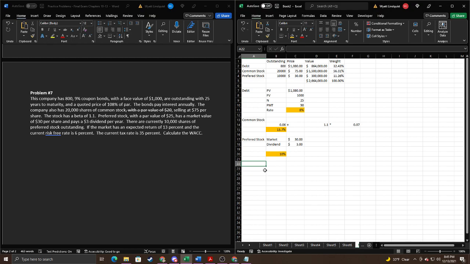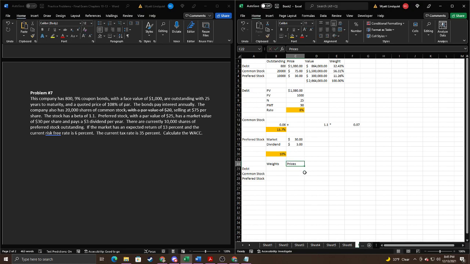But now we need to actually go through and weight them, as well as take out the tax shield from the debt. So in order to create this section, we're going to have the weights, and we're going to copy this down. So to make this section easy, you just take all your sources of financing, you get your weights, you get your prices.